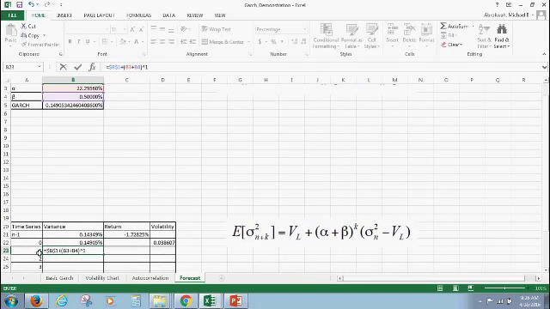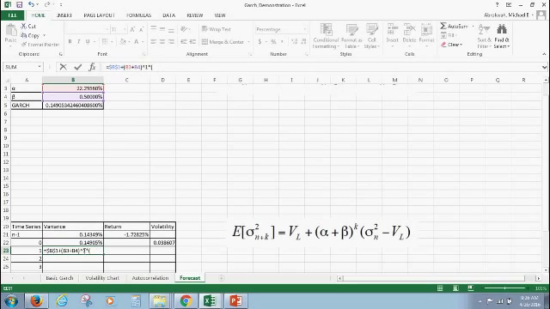And then I'm going to multiply, made a hash of that. So going to multiply by the difference between the variance in the present period and the long-term variance.